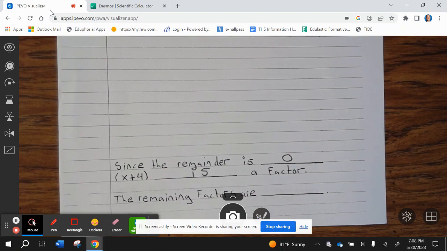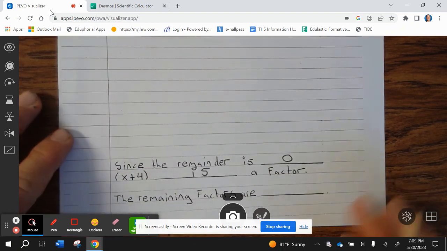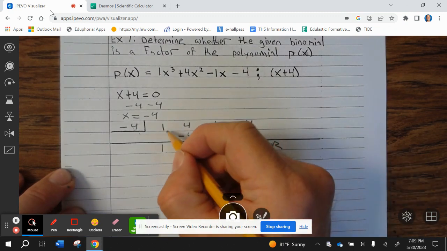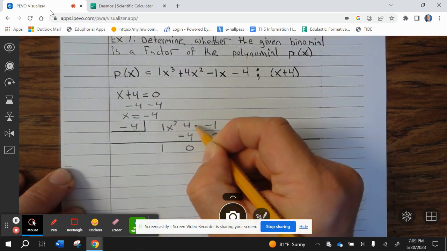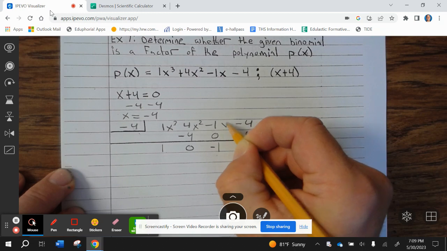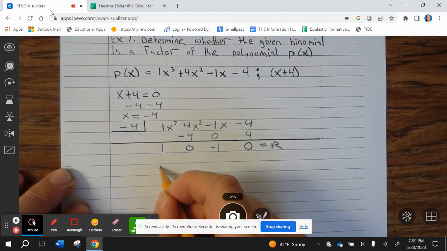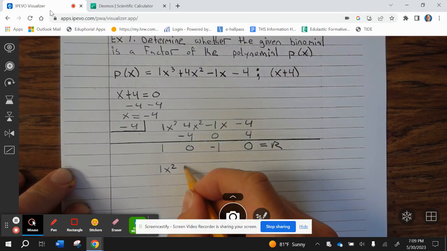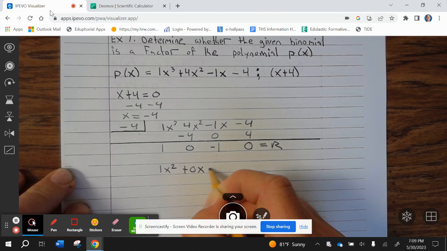To find the remaining factors, we need to factor this. Now, remember, this was x cubed, x squared, x. So this becomes 1x squared plus 0x minus 1.